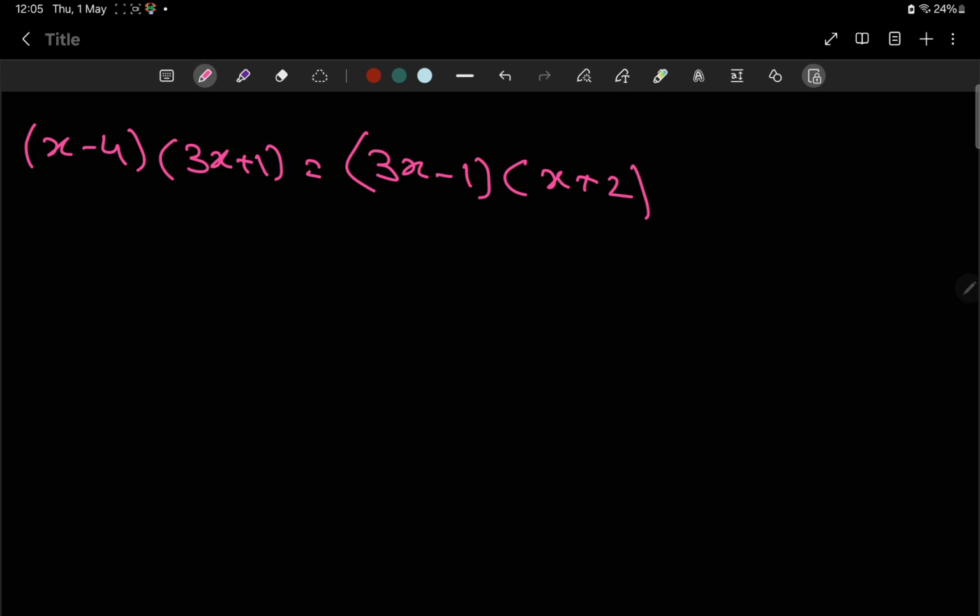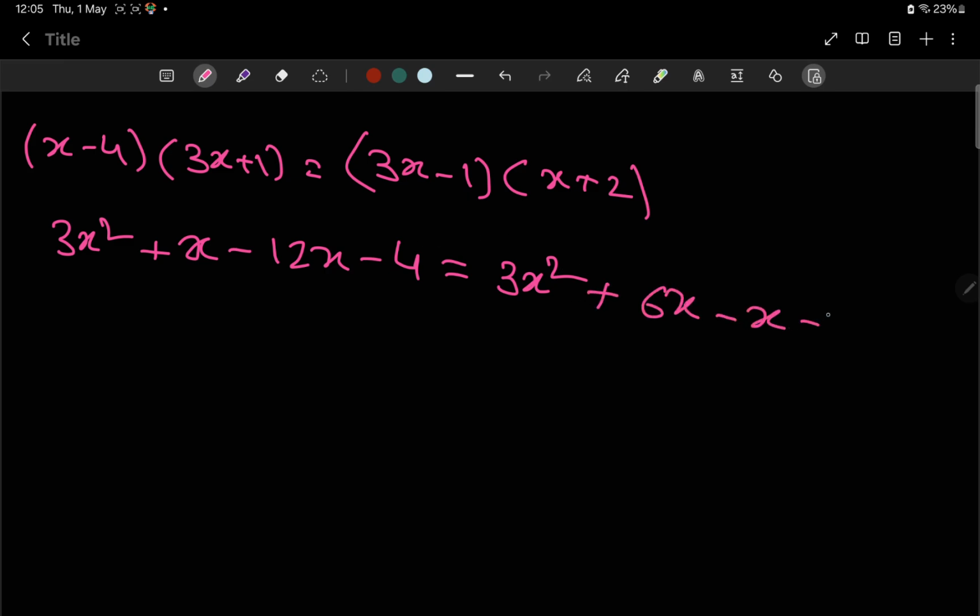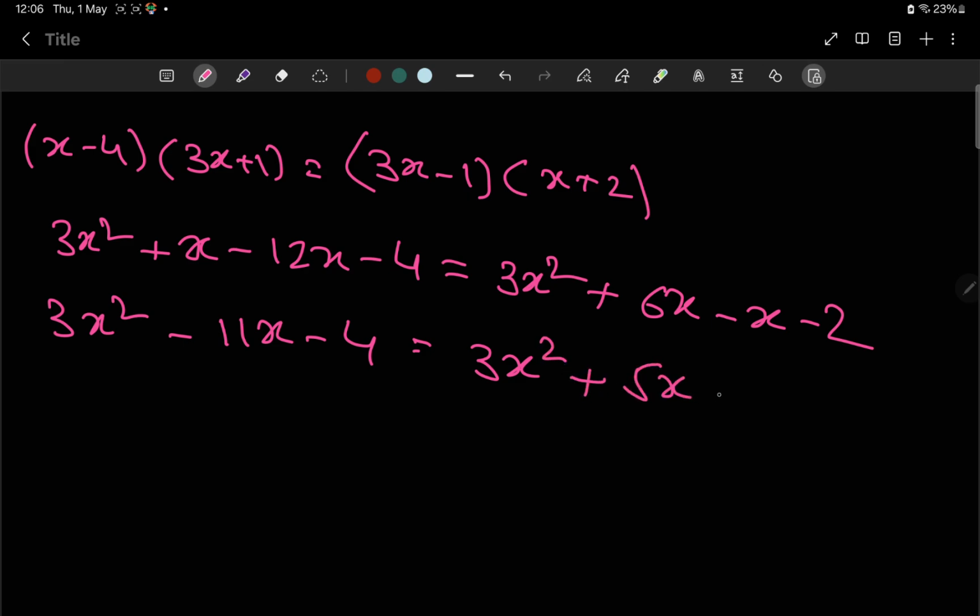So x into 3x is 3x square plus x into 1 is x, minus 4 into 3x is 12x, minus 4 into 1 is 4. That is equal to 3x into x is 3x square, plus 3 into 2 is 6x, minus x, minus 2. So let's simplify again: 3x square minus 11x minus 4 is equal to 3x square plus 5x minus 2.